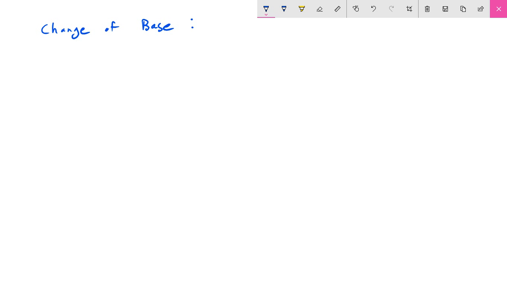I want you to try to tell me what the answer to this is. Evaluate log base 5 of 29. Can you, on your phone calculator, tell me what this is equal to?